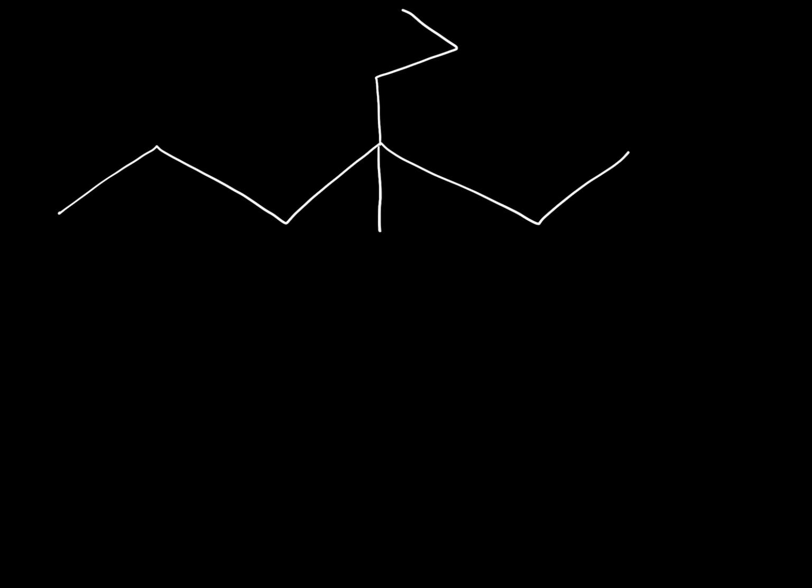Now in terms of counting the carbons, we're going to start counting from here because then our substituents would be on 4. If we start counting here from the left, our substituents would also be on 4. So what do we do in this case?